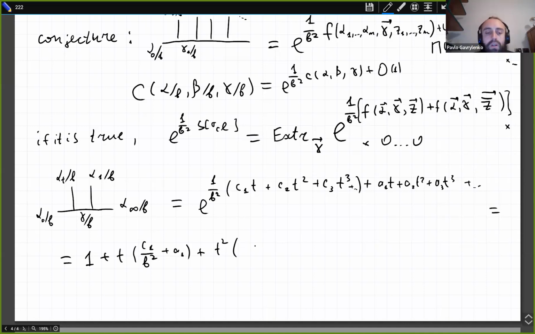And here we have c1 squared over b fourth plus c1 a1 over b squared, and plus something else, plus a2, just a2.